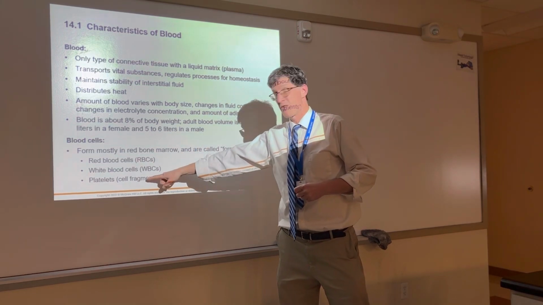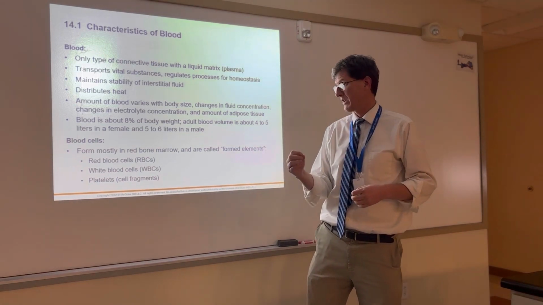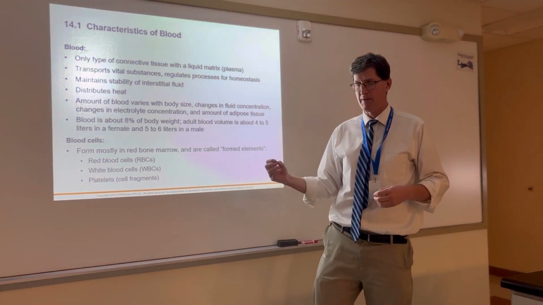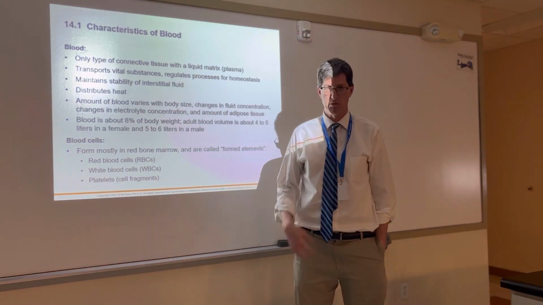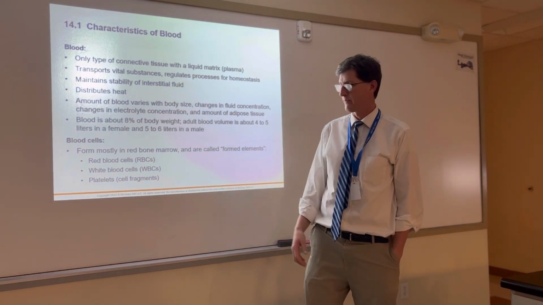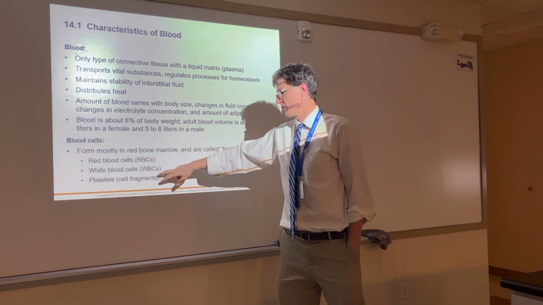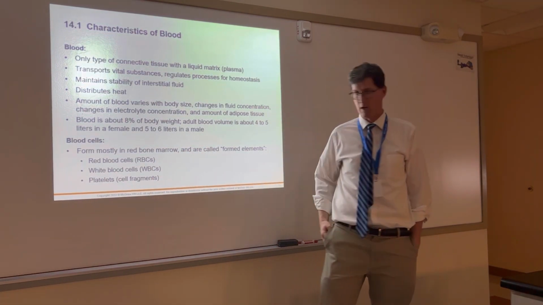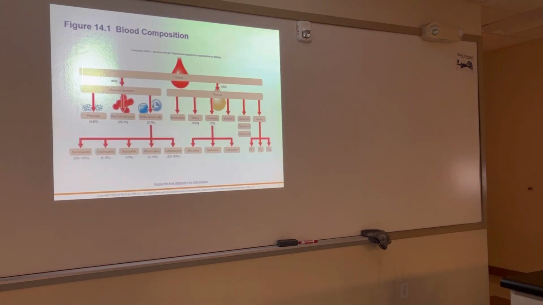Platelets are not cells, but pieces of a cell called a megakaryocyte. They break off of that cell, stick together, and help prevent us from bleeding to death by making the blood clot. So red blood cells transport oxygen, white blood cells fight off infections, and platelets help prevent and stop bleeding. That's the formed elements.